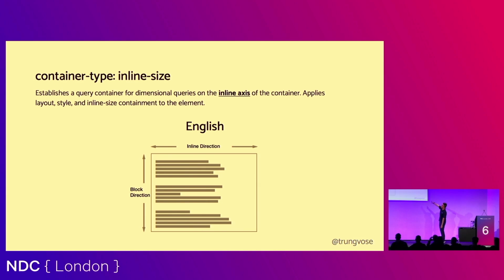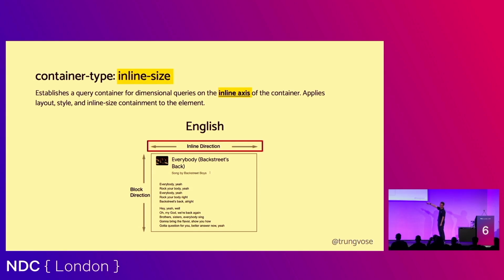So, inline-size, what does it mean? Inline is, in a lot of use cases, just think of inline-size as like a width, okay? We'll not go into all of this, logical properties and then direction. But let's say I have a sentence. So in English, the sentence flows from left to right.